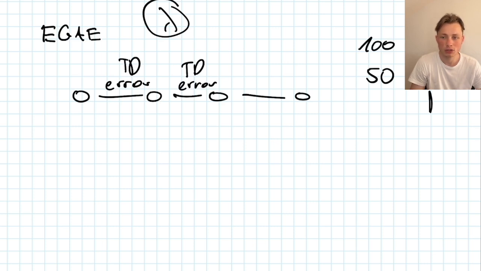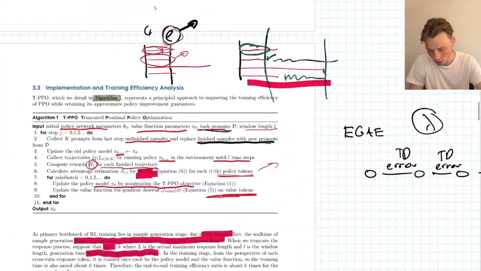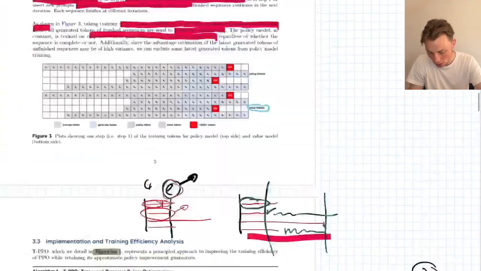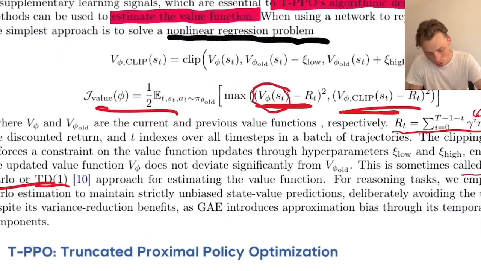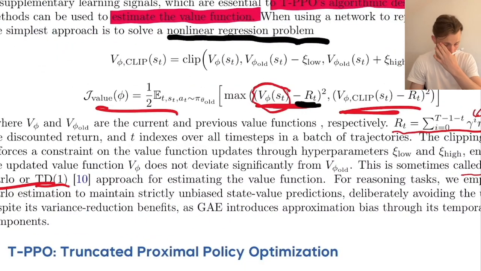And for the value function, we want to have the target of the whole reward that we got for the whole sequence.